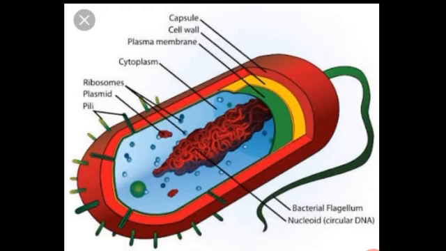You can see the cell organelles that are present there. Only plasmid is present, a cell wall is present, ribosomes are present, and the DNA material is present. They do not have a well-developed nucleus, you can see. Most of the cell organelles are absent here.